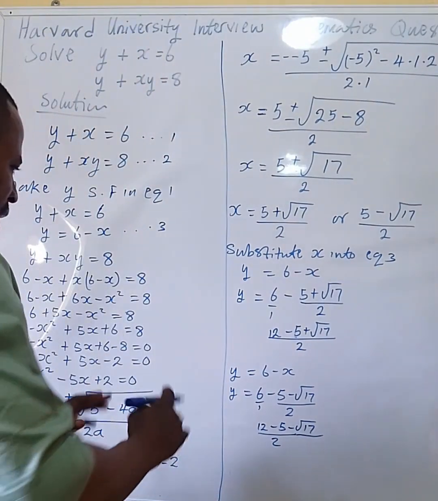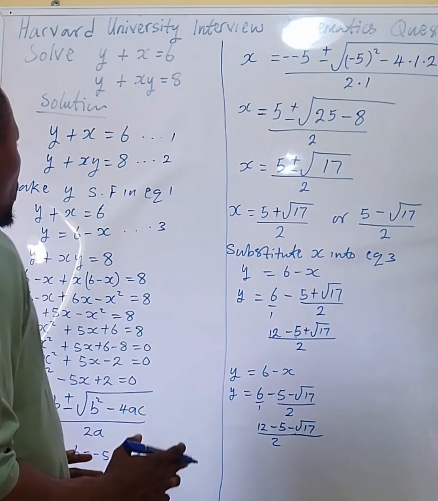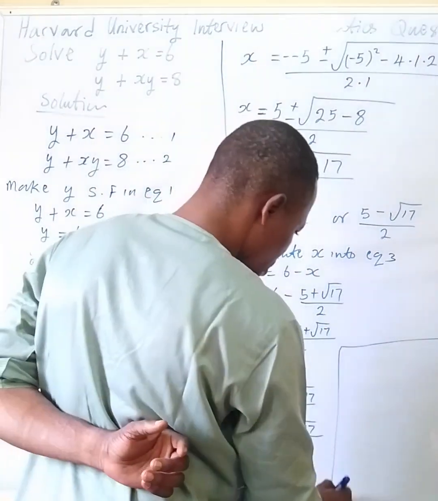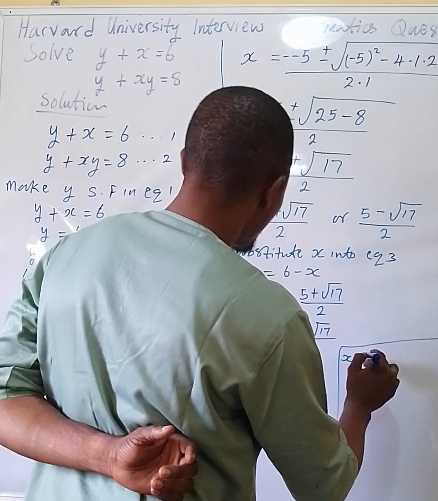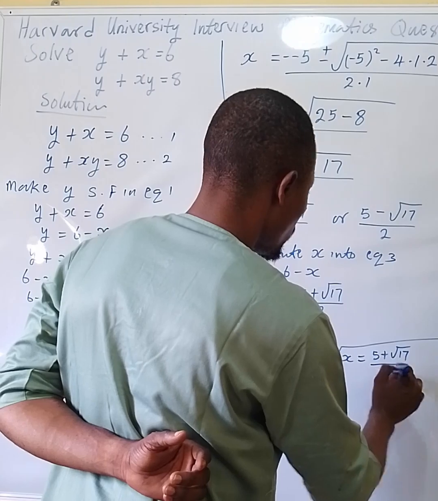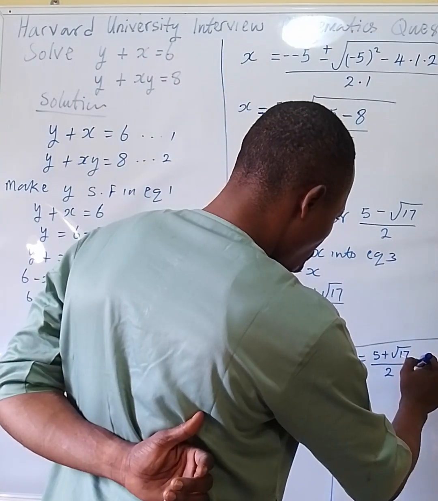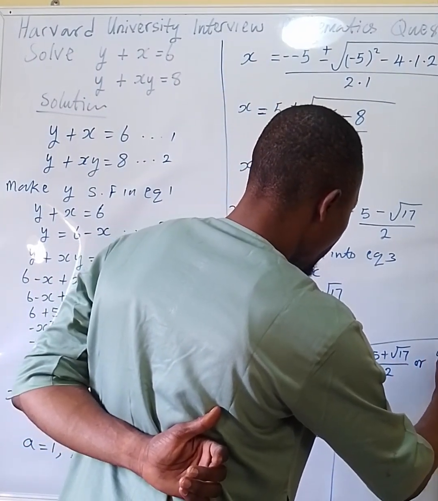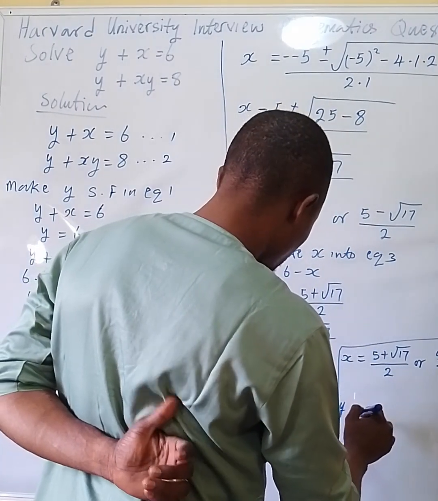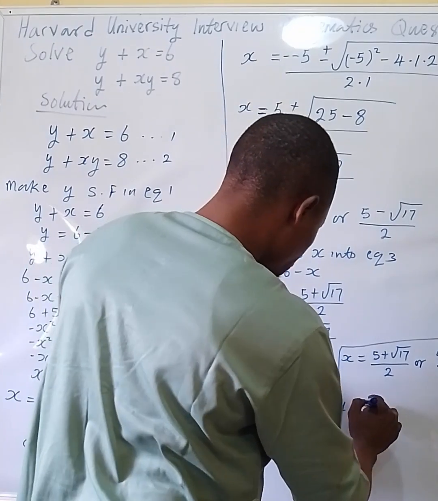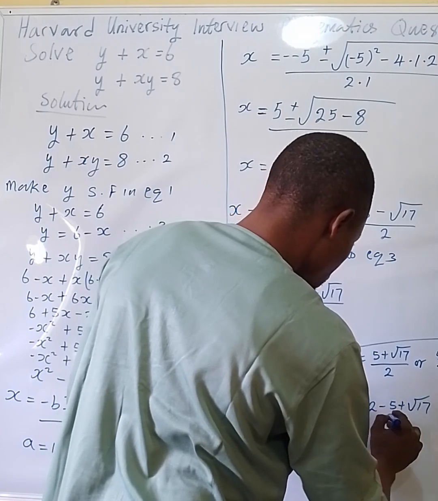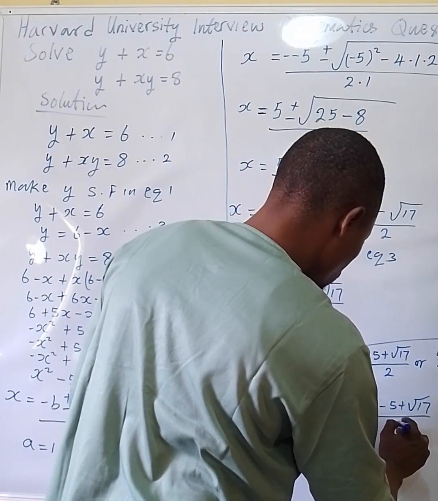So now, that's our answer. Are we together? The first one, you can indicate that x equals 5 plus root 17 over 2. So that's the first one, or 5 minus root 17 over 2. Our y equals, the first one, which is 12 minus 5 plus root 17, so everything over 2.